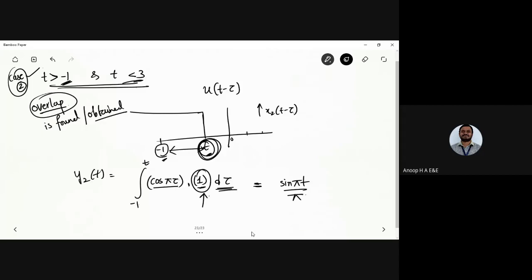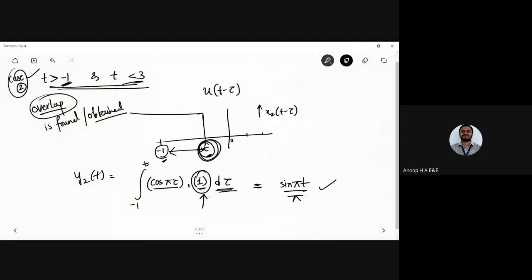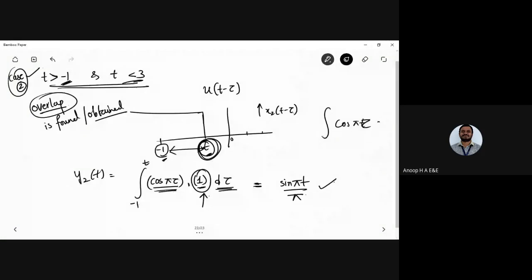That's what you are going to get for y2 of t. If you evaluate the integral of cos pi tau d tau, using the standard identities of integrals and applying the limits from -1 to t, you are going to get sin pi t divided by pi.